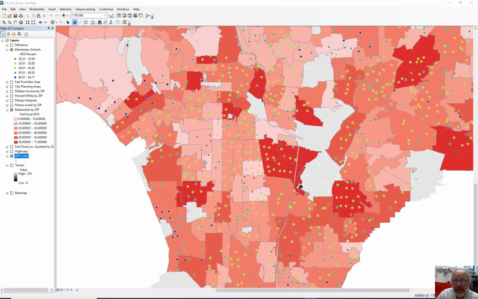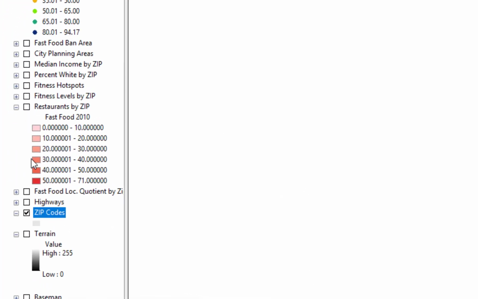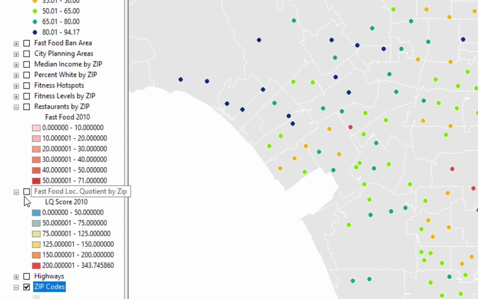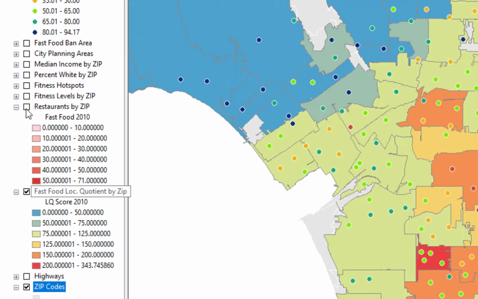Okay, so after you've answered some questions about the number of fast food places, particularly within the ban zone and then over on the west side, it's time to take a look at another measure of access to fast food. And this one is the fast food location quotient score.